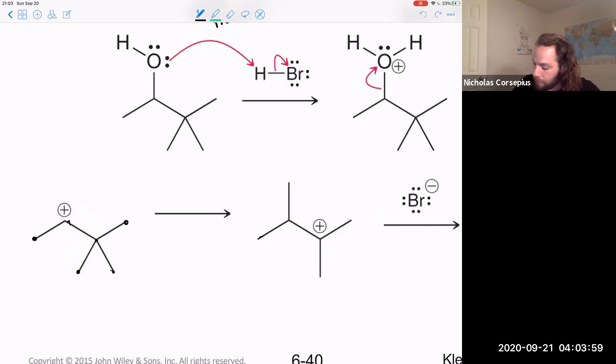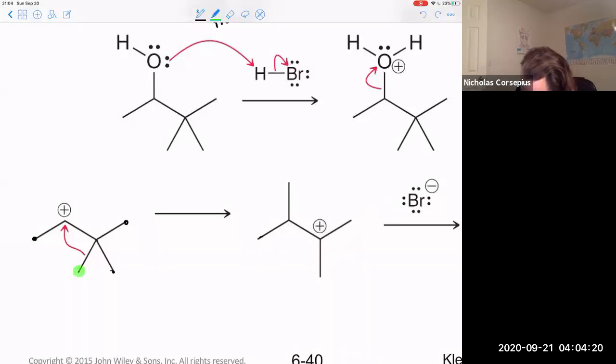This is going to be one of these rearrangements that we're going to focus on in the carbocation lecture. It's something that's specific to carbocations. But what really is going to happen is this bond from this methyl group, these electrons that are in this carbon-carbon bond, are going to switch. And now I have my carbocation over there.